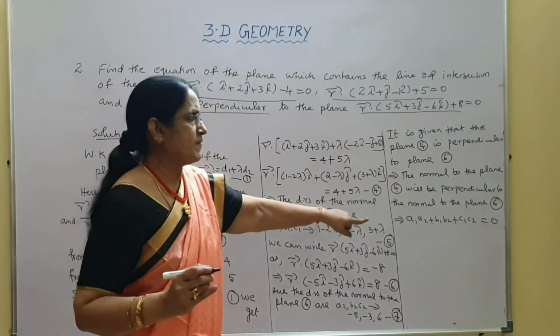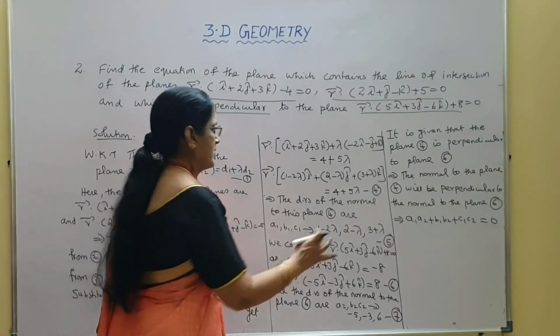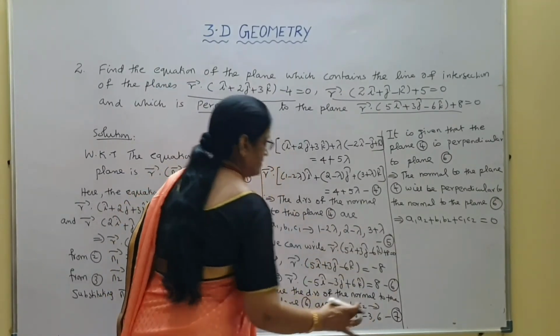So let us substitute the values of A1, B1, C1 and A2, B2, C2 from 5 and 7.